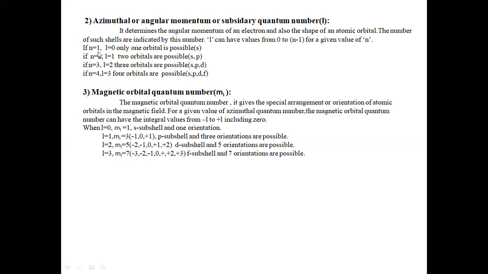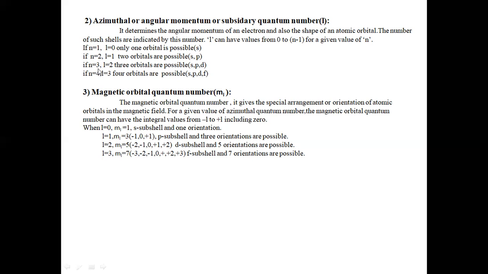So if n is equal to 1, then l will be equal to 0, and only one orbital will be possible, that is the s orbital. If n is equal to 2, then l will be equal to 1, and two orbitals are possible, those are s and p orbitals.